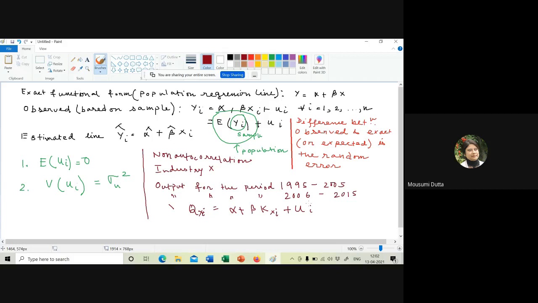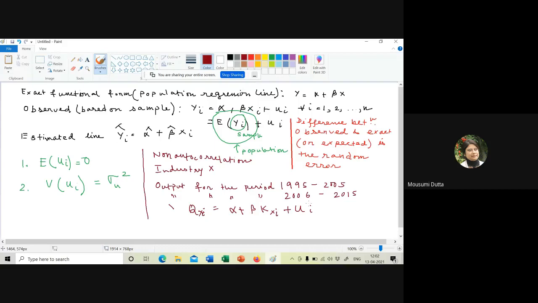In other words, apart from capital, there are several variables which actually determine what the output will be in the X industry for this period. To keep the model simple, I have considered capital explicitly.